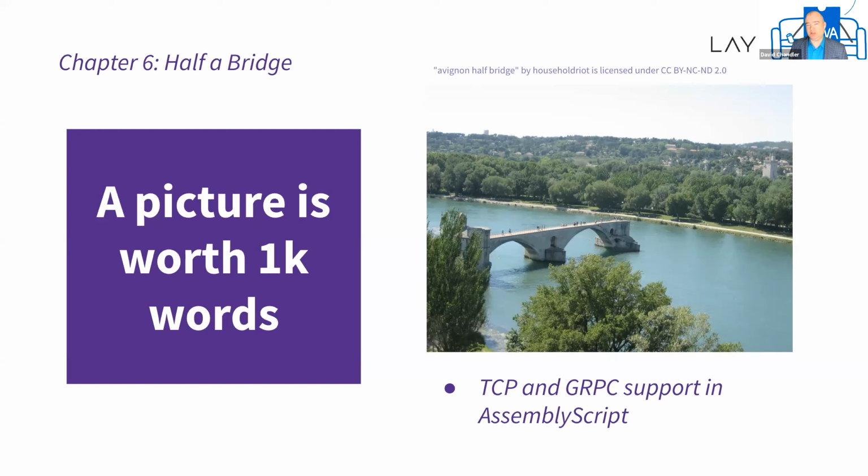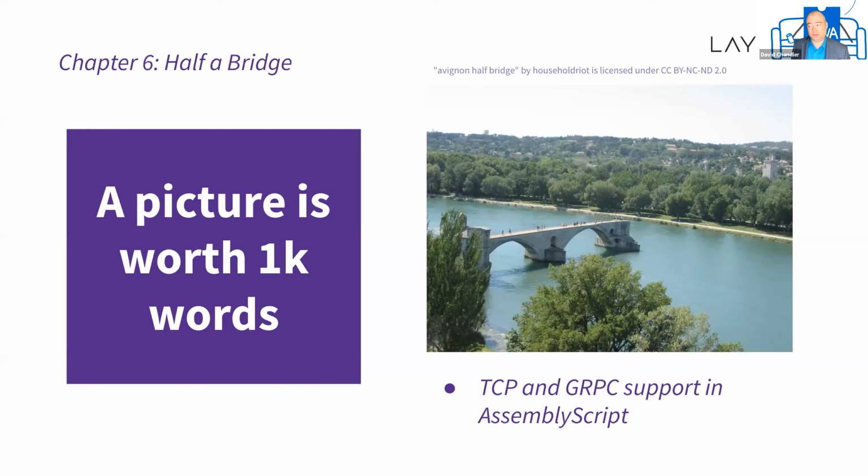gRPC is still not good, because the original ABIs for gRPC sort of require that your program can create and manipulate protocol buffers, which if you're in AssemblyScript, no, you can't, unless you write your own protocol buffer library. AssemblyScript was written by the same person who wrote the most popular JavaScript protocol buffer library, and that person has not written anything for AssemblyScript.